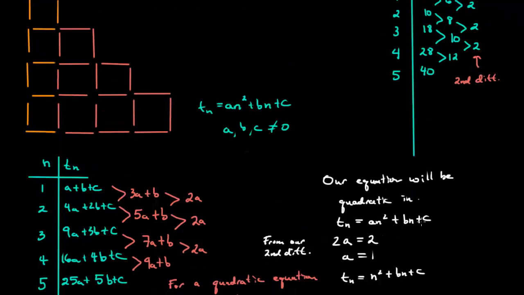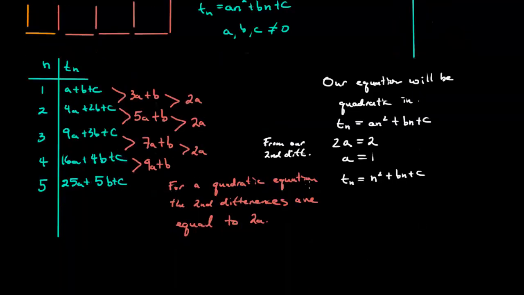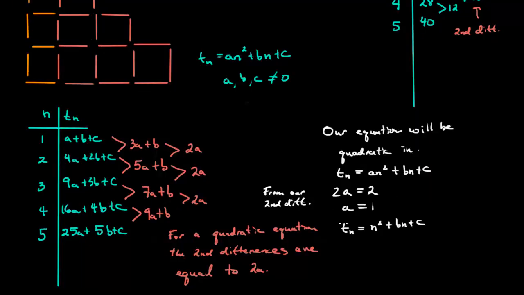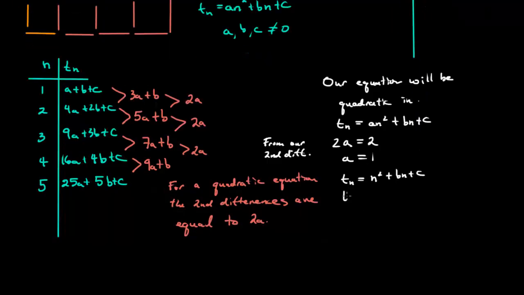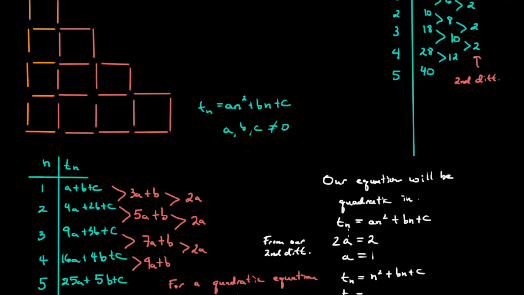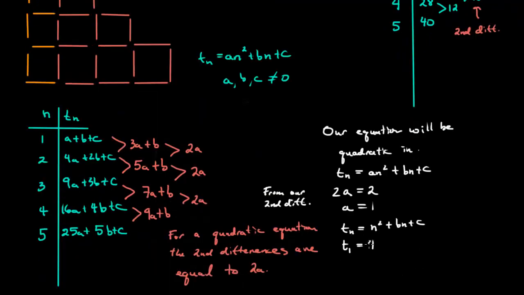So one thing that we could do is we know that t sub 1 is going to be equal to 4, which is equal to 1 squared plus b plus c, where I just input 1 for n.